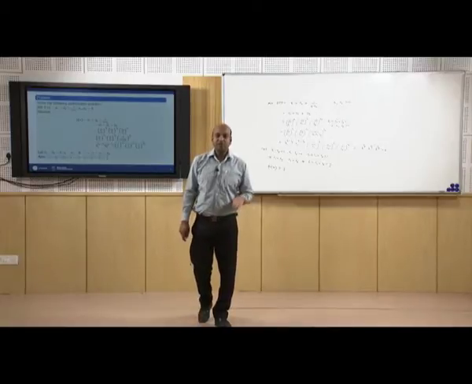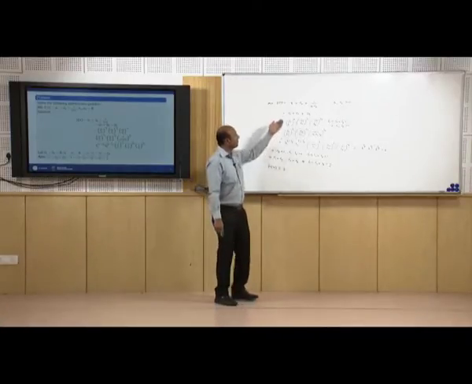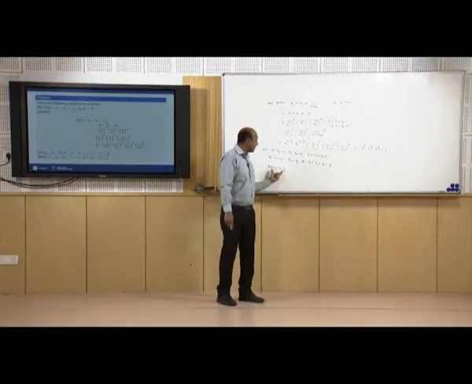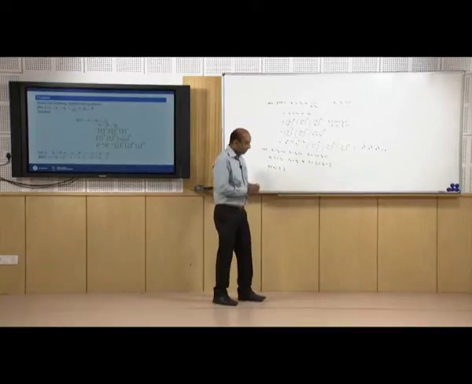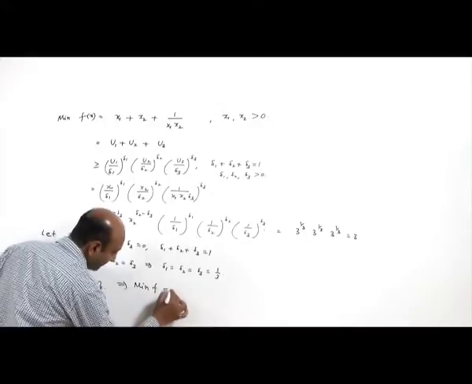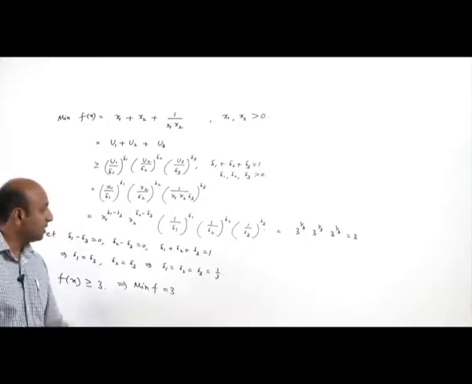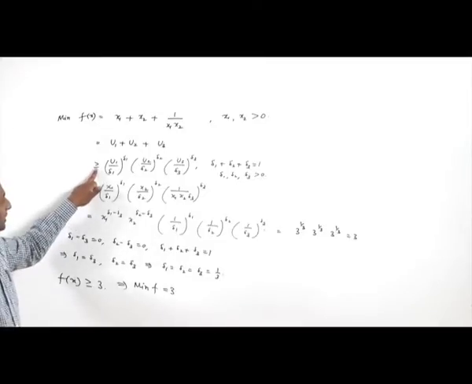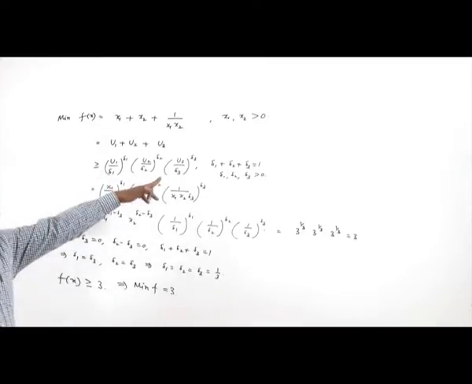Now, the question is at which point? What is the optimal solution? What are the optimal values of x1 and x2 at which the value of f(x) is 3? From here you can simply say that the minimum of f is 3. Now, the question is how we can find the values of x1 and x2 such that the minimum value of f is 3. For that, we already know this equality will hold when all are equal.